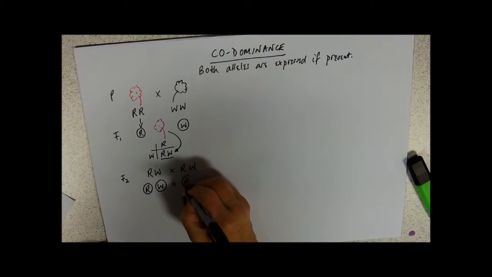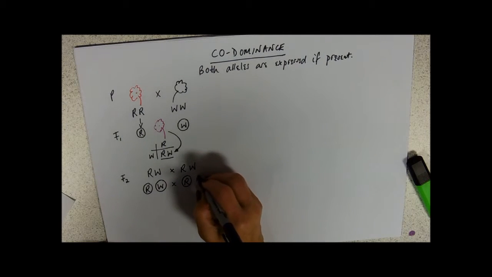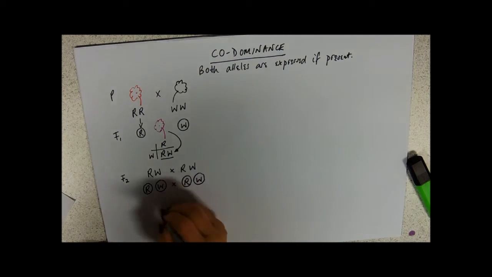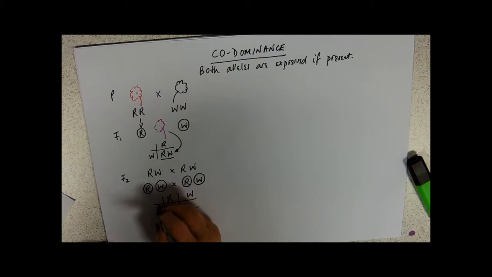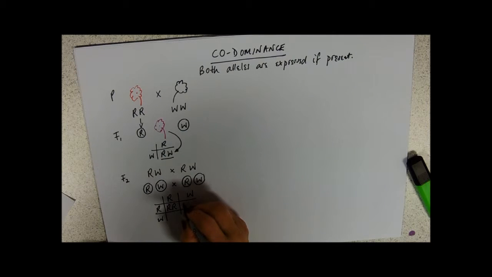This one the same, ones with the R allele, ones with the W allele. And when we put them into the Punnett square, parent 1, parent 2, we get RR, RW, RW, WW.